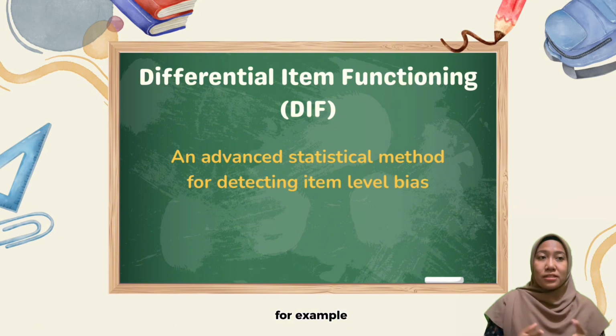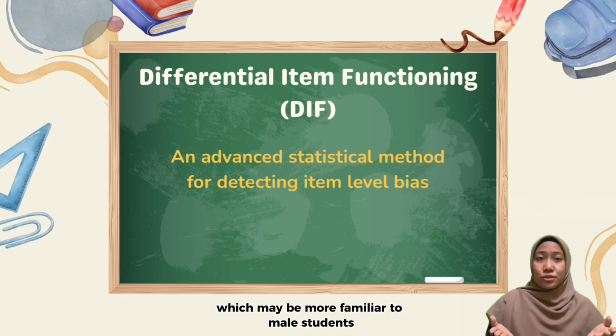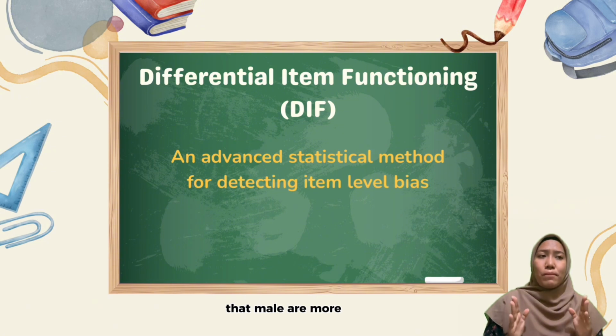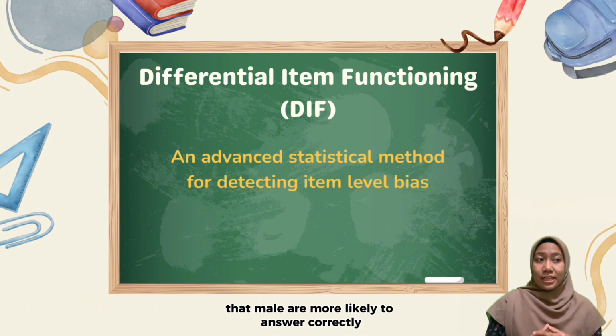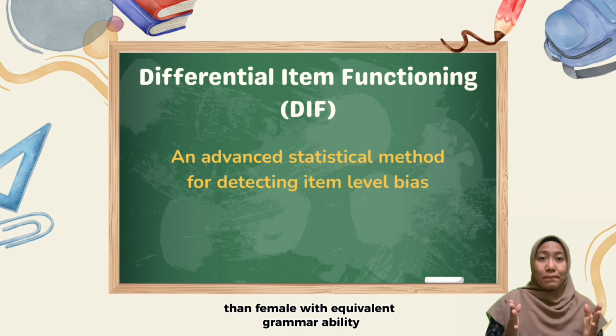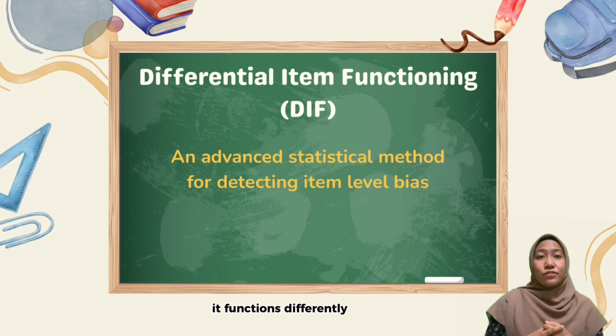For example, a grammar test includes a question about football, which may be more familiar to male students. If analysis shows that males are more likely to answer correctly than females with equivalent grammar ability, the item demonstrates DIF. It functions differently for the two groups.